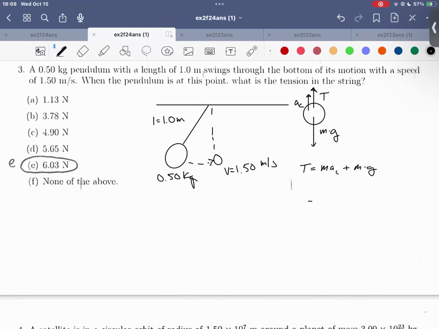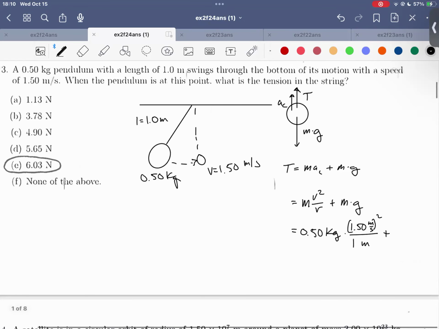And then we can solve from here: m v squared over r plus mass times gravity. 0.50 kg times 1.5 meters per second squared over r equal to 1 meter, plus mass 0.50 kg times gravity, which obviously is just g, right?